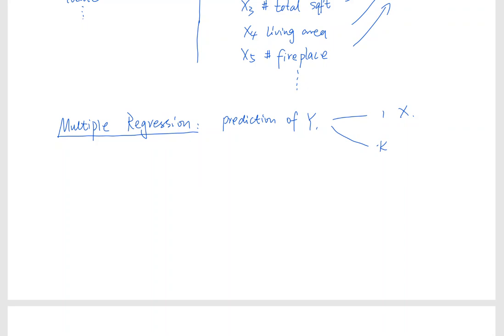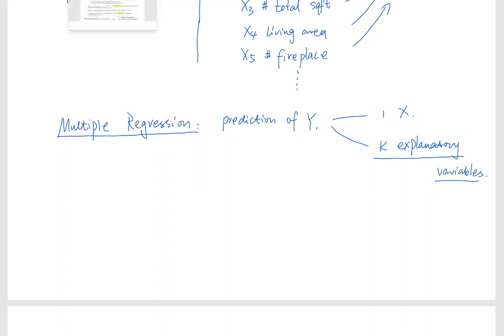We just define a k, right? K explanatory variables. If you want to combine these k explanatory variables' effects to make the prediction of y, then this process is called multiple regression.